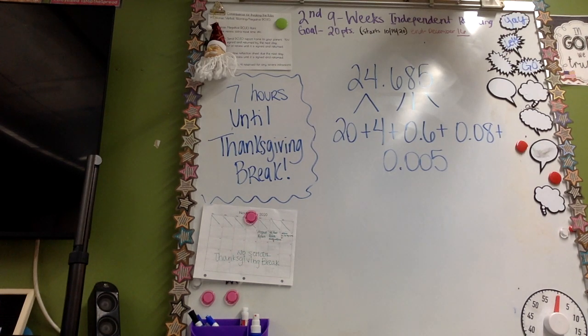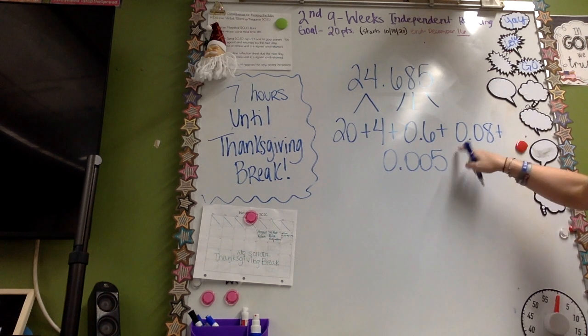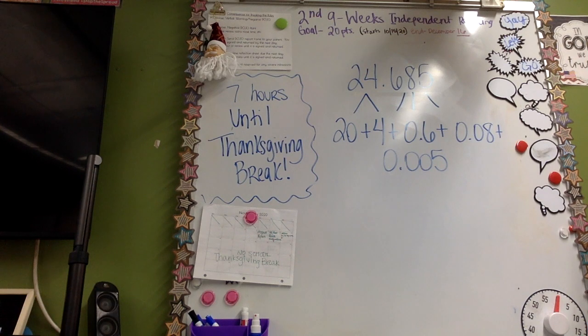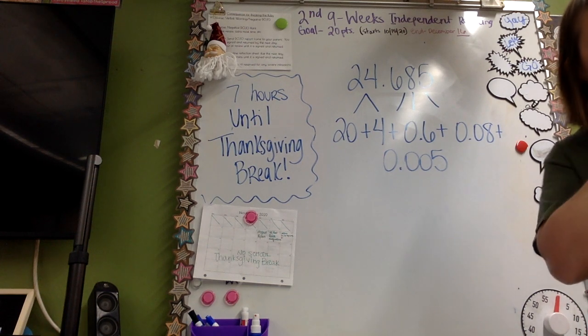We're going to have to do it both ways: one page is this way, and your other page is with the fractions. Now the fractions, you just have to look at it and tell me what it means.